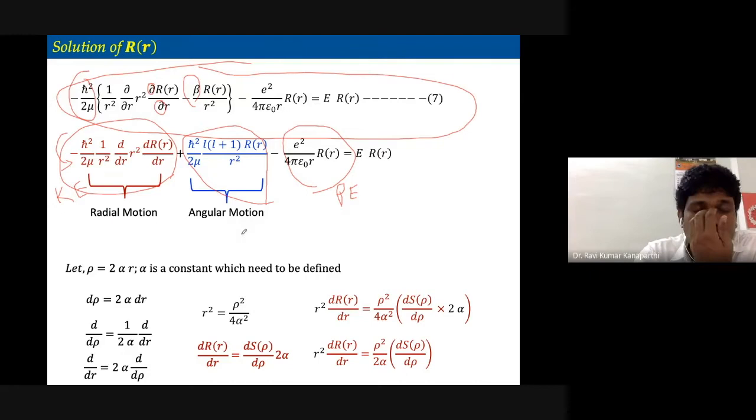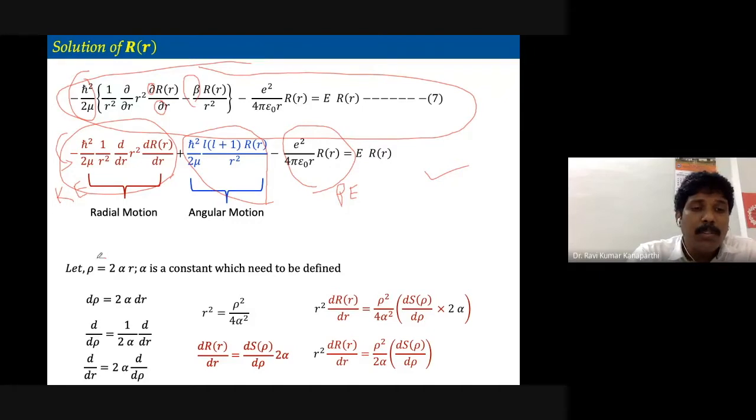That's the explanation. Then we will proceed in solving this particular equation. As you can see, there are different constants. So we will try to eliminate all these constants by making a substitution.